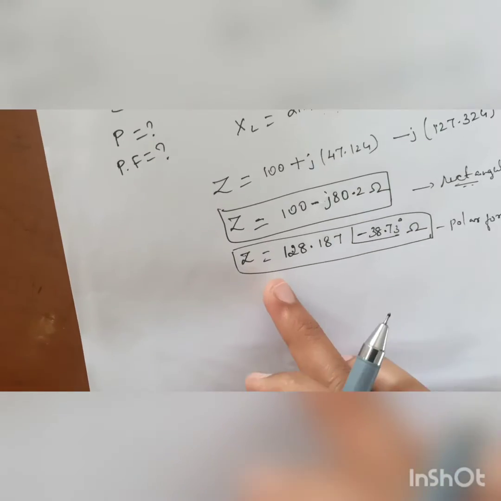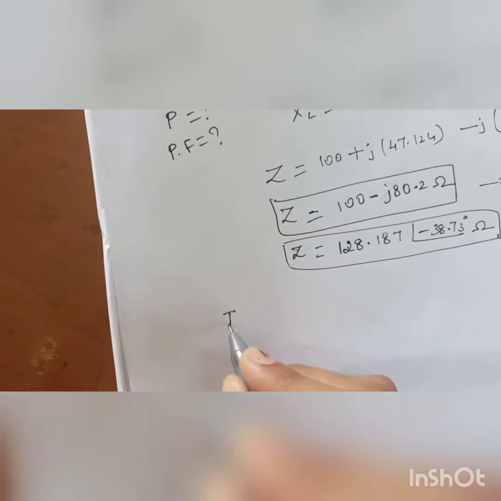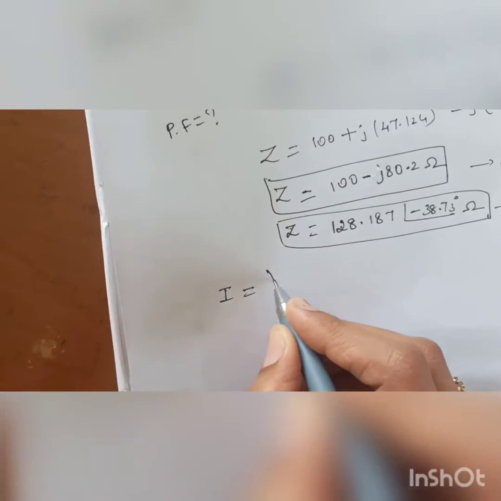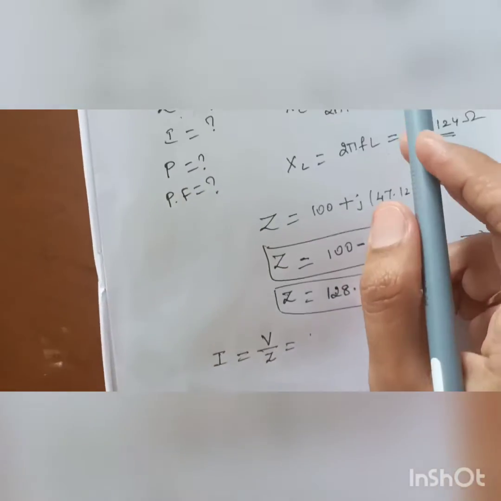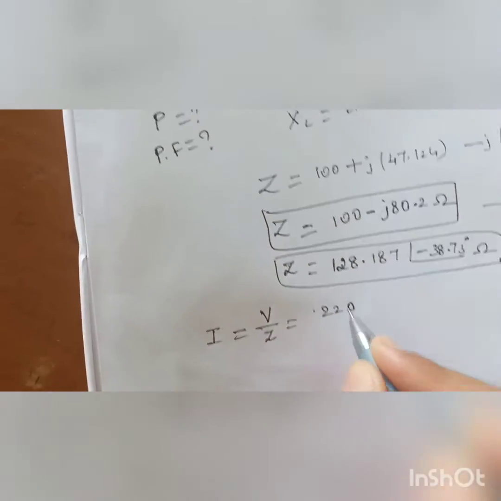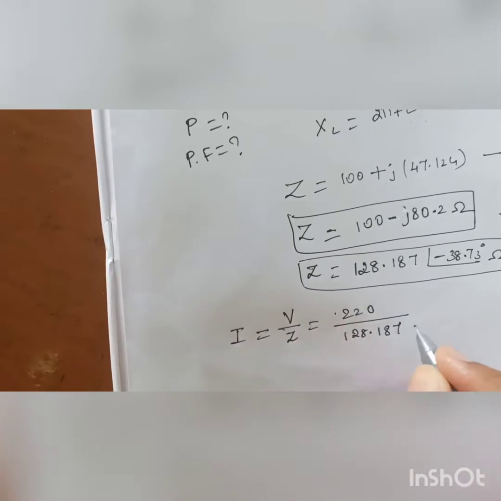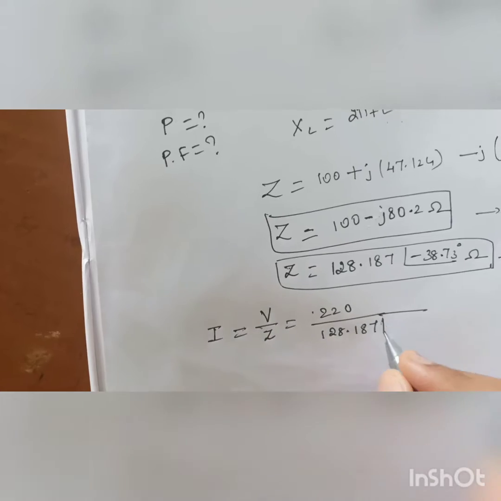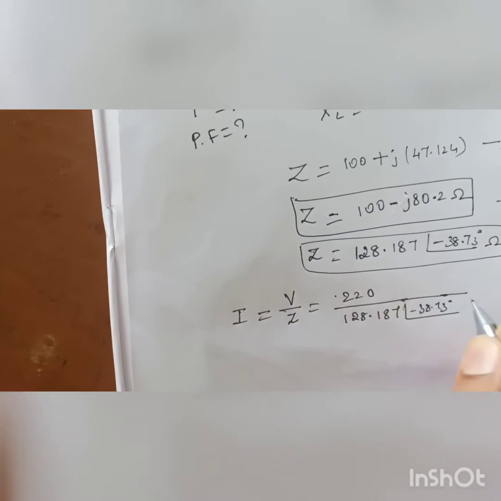After finding the Z value, we need to find the current. In order to find the current we have the formula I is equal to V divided by Z. We know the voltage is 220 volts, so we write 220 divided by 128.18 at minus 38.73 degrees.